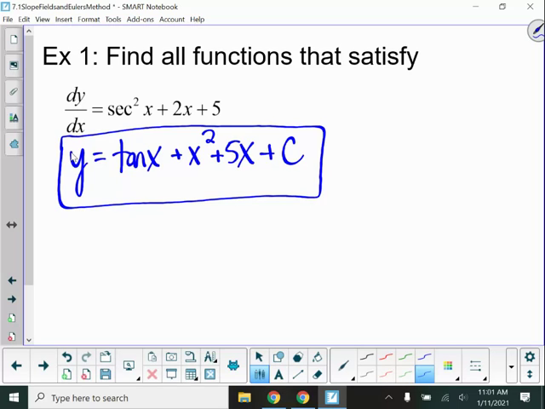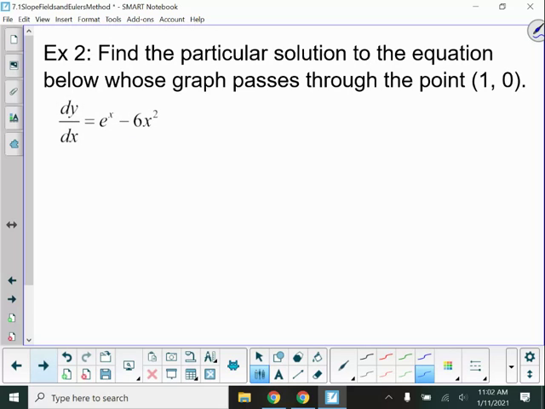y equals tangent of x plus x squared plus 5x plus c, because when you take the derivative of this equation, you end up with the dy/dx from the previous step. Now, occasionally, they will give you a point so that you can figure out what the original c value was. And in this case, we know our original point is (1, 0).